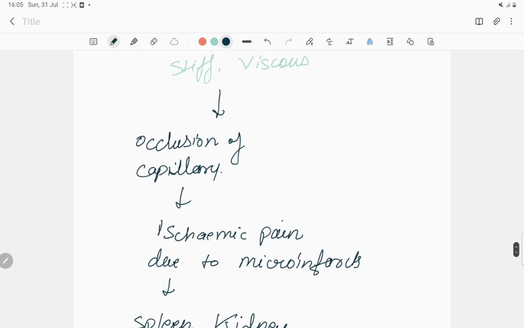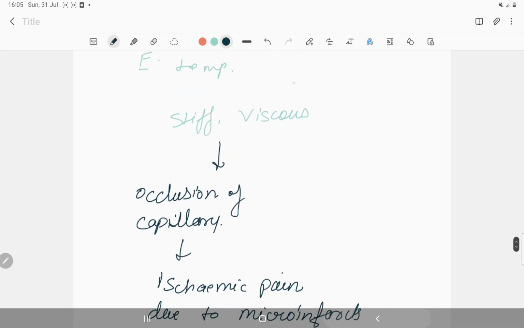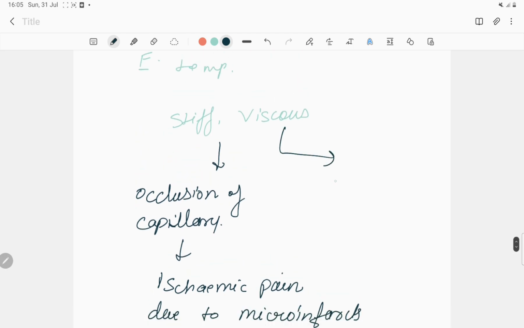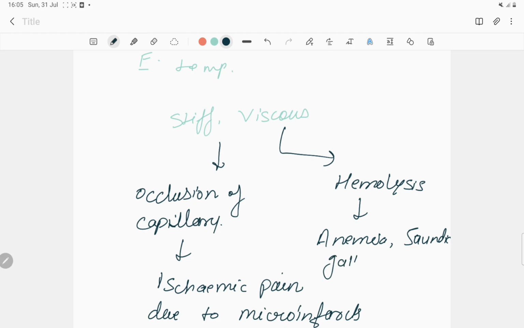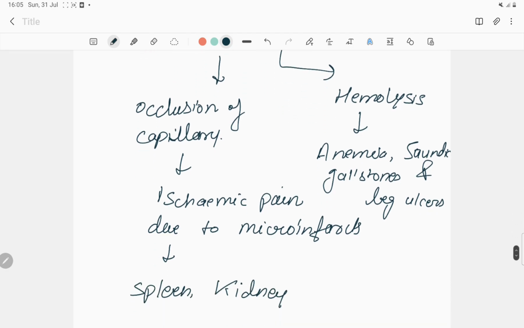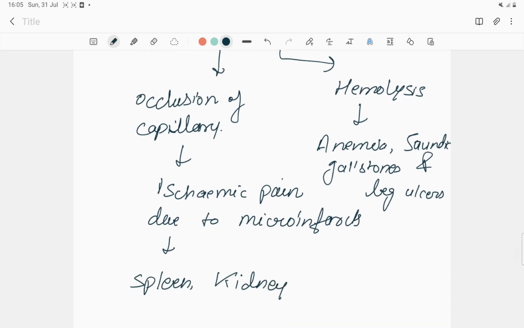As well as because of the stickiness of these RBCs, the lifespan of RBCs will be shortened and there will be hemolysis, which will cause anemia, jaundice, as well as gallstones and also leg ulcers. So there are a lot of things with this sickle cell crisis.